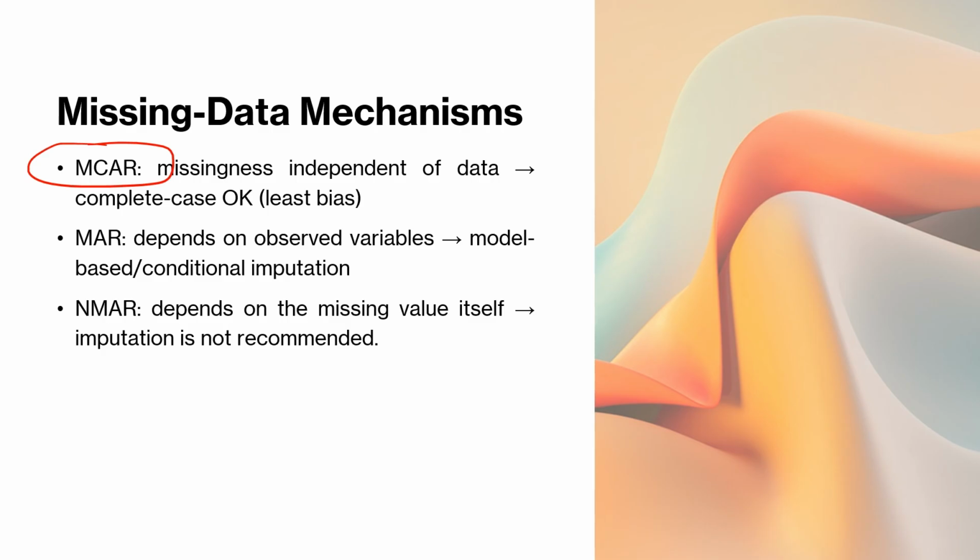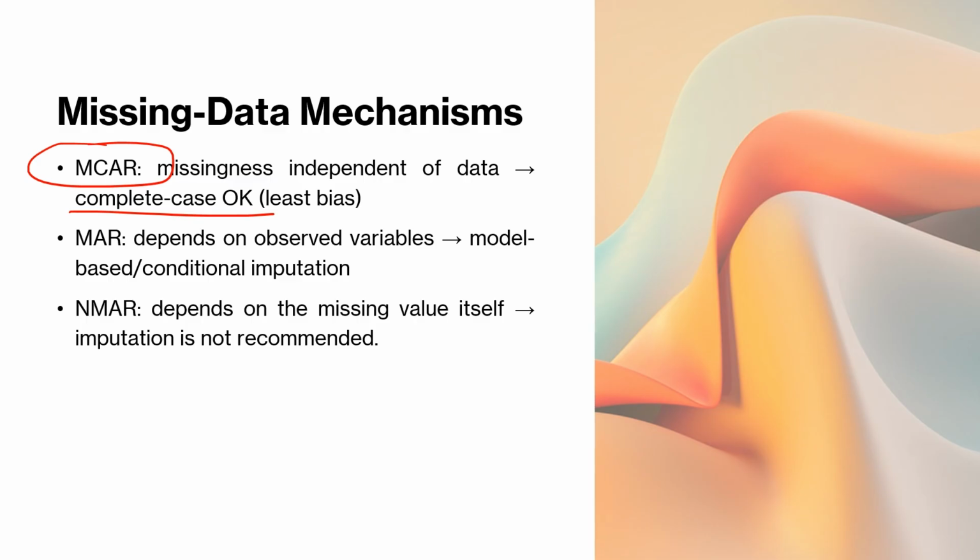If this mechanism exists, then we can apply listwise deletion, also referred to as complete case analysis. You may delete the data as long as there are not many missing, obviously.